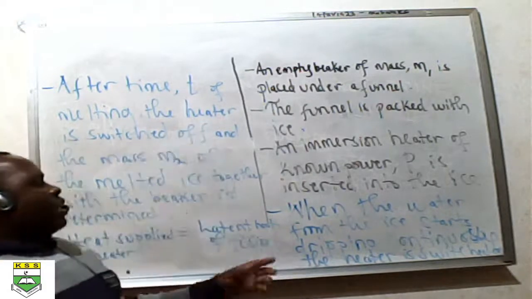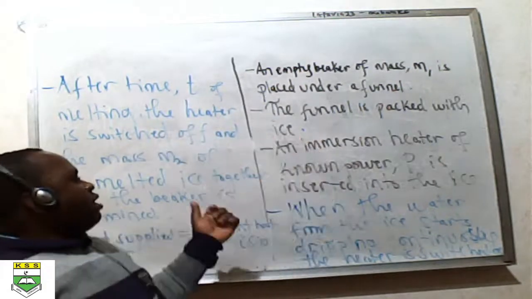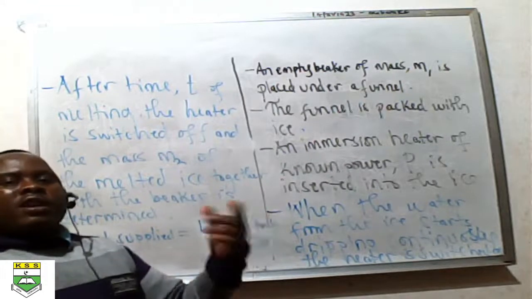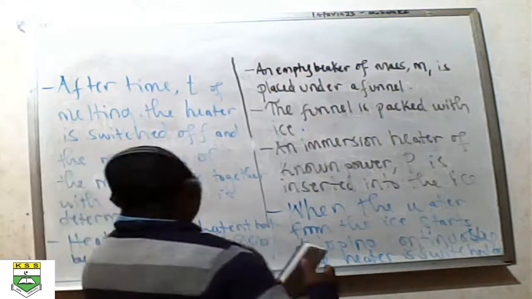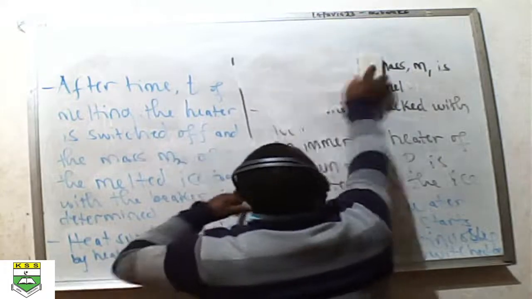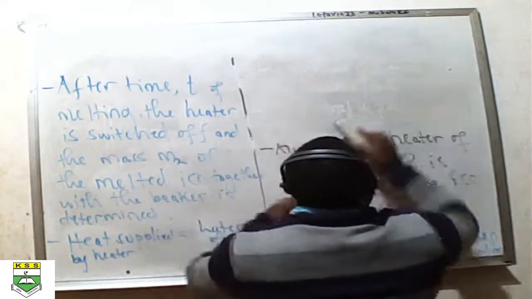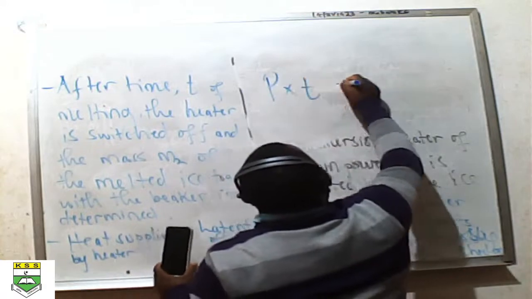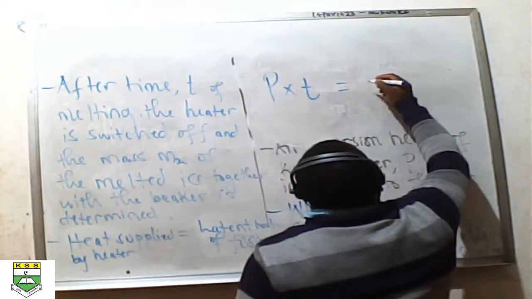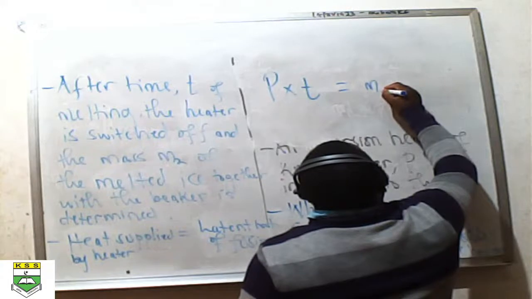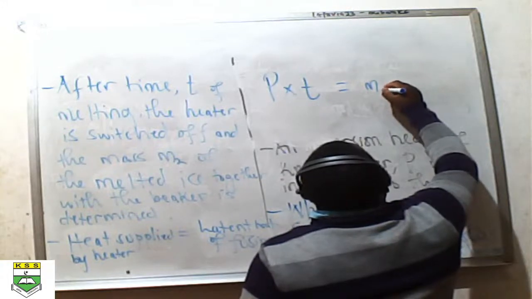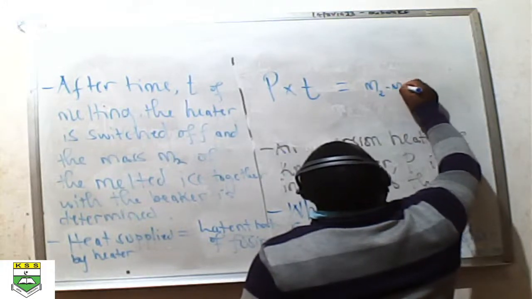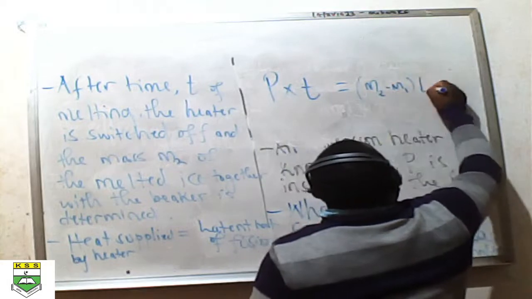But this M is the difference between M1 and M2. Actually, M is M2 minus M1. So that's what I want to show you here. Heat supplied by the heater is power times T, which is equal to M, this time the M2 minus M1, that difference, times LF.